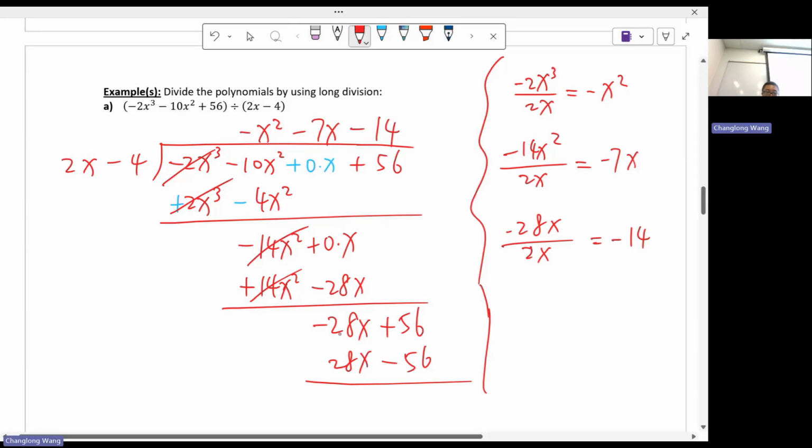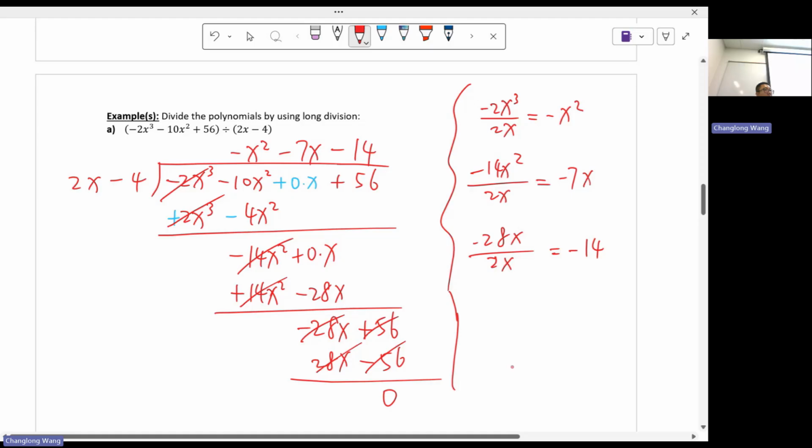Well, it just so happened that in this case, things canceled out. All right, so you're left with a 0. That's a 0 remainder, right? Then we say the dividend is divisible by 2x minus 4, or the divisor 2x minus 4 divides the dividend evenly.